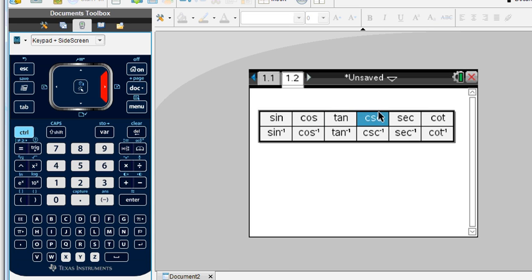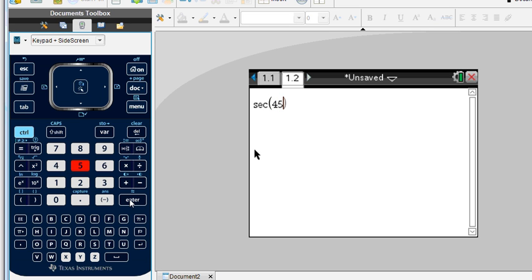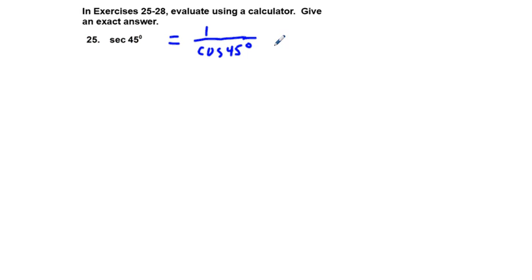So secant goes with cosine. Secant is a reciprocal ratio of cosine, so we put in 45 degrees, and we get 1.41421.